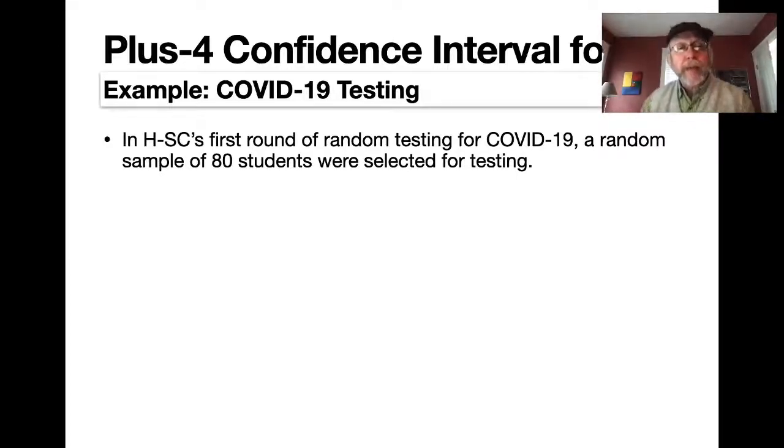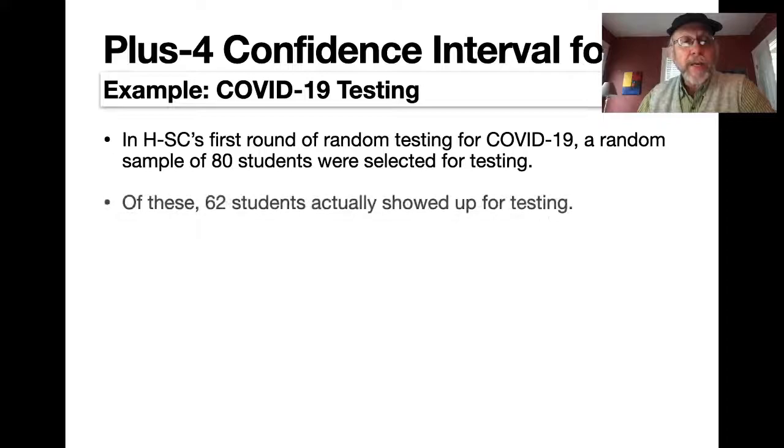The HSC has been doing rounds of random testing of students for COVID 19 as a way to monitor the infection rate on campus. And their first round of testing was done in mid September, maybe late September of 2020. In that first round of testing, a random sample of 80 students were selected for testing.